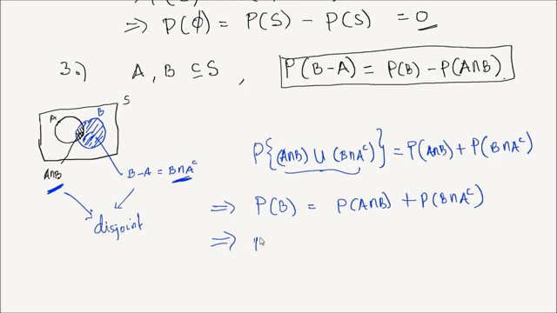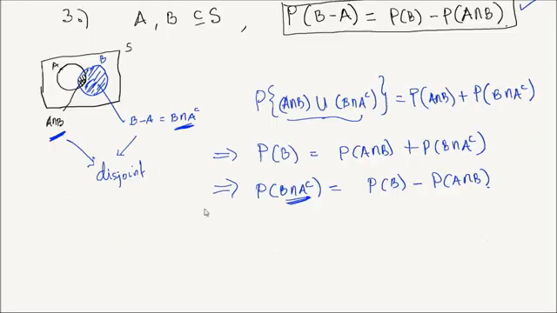Rewrite that to find the probability of B intersection A complement is the probability of B minus the probability of A intersection B. And this is B minus A. B intersection A complement is equal to B minus A. Therefore, we have shown that.